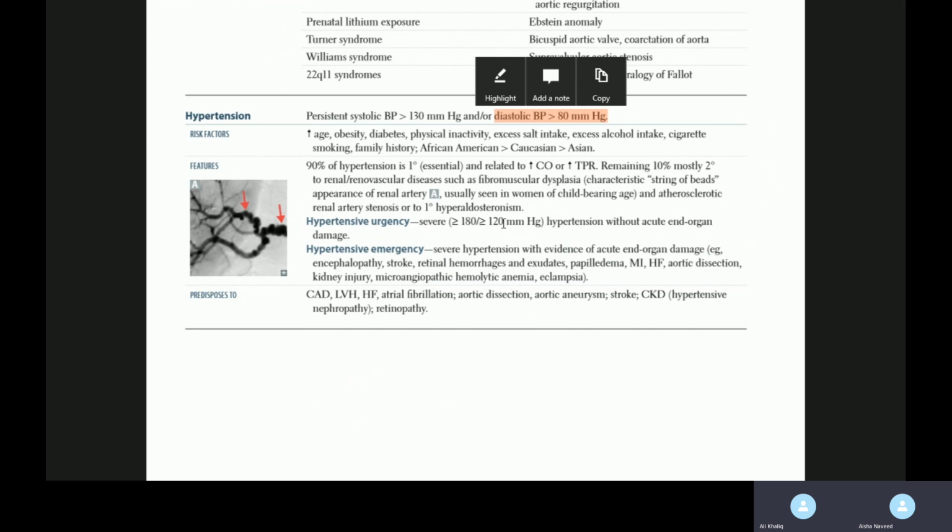The patient will be dizzy, will not be knowing anything, will not be able to know where he is. He will be delirious, somnolent. Sometimes the patient can even go into a coma in hypertensive encephalopathy.